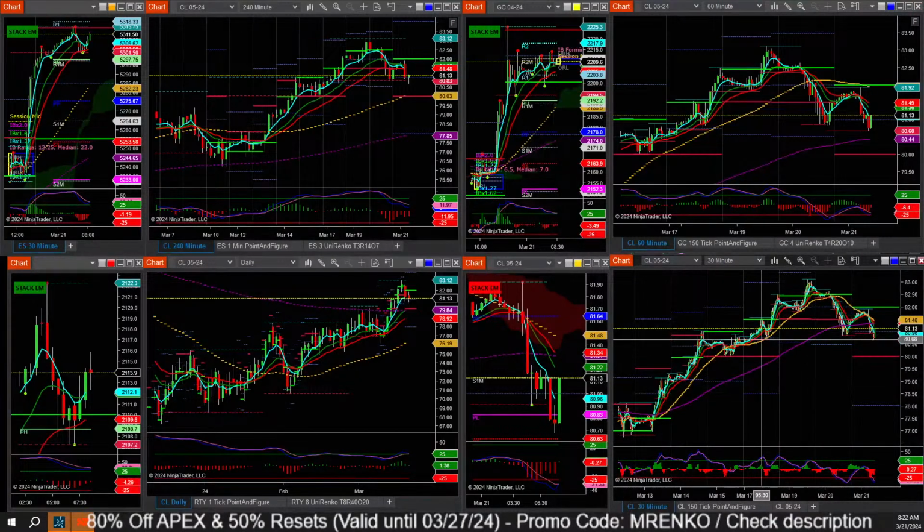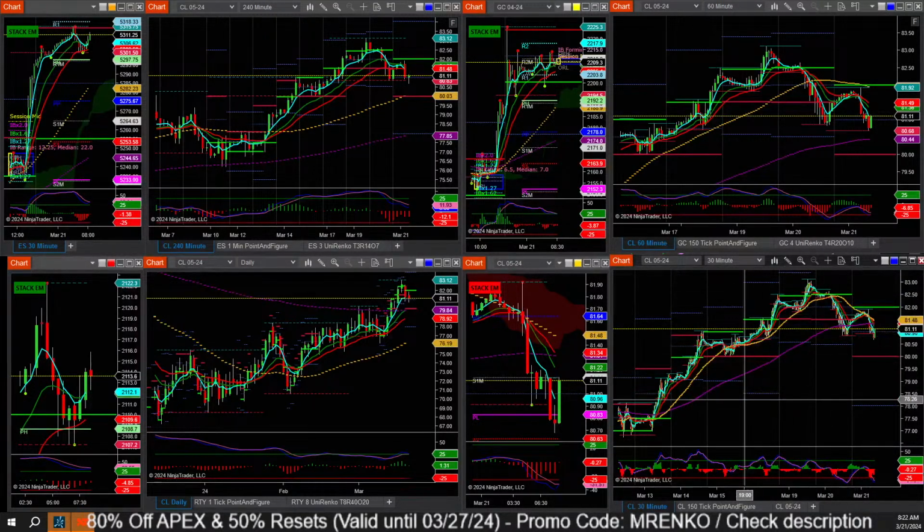The structure here is in a range. Remember, we do have the midpoint of our range. We are right in the middle there, so we could start bouncing here back to the 80, 82, and then keep moving up.